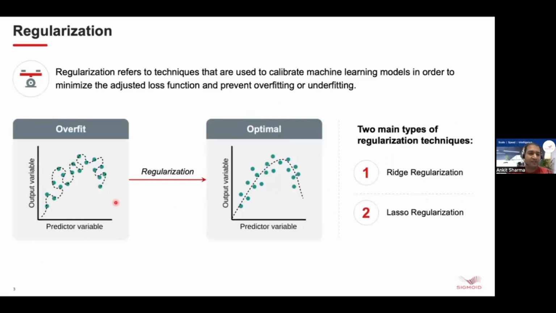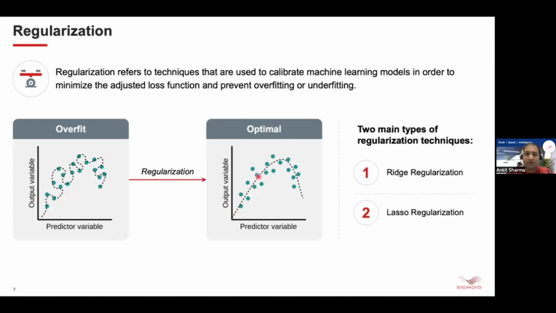Here I have shown an example of overfitting, where in this graph the green dots are the actual data points and this black dotted line comes from our machine learning model. If you see, this black dotted line passes through each of the actual data points, and this scenario is called overfitting. To solve this overfitting, we applied some regularization techniques and we got this graph.